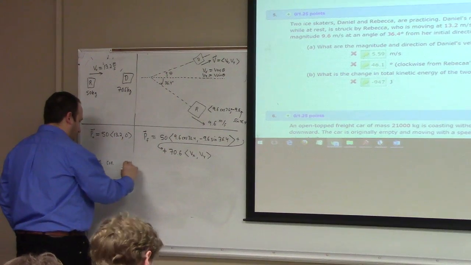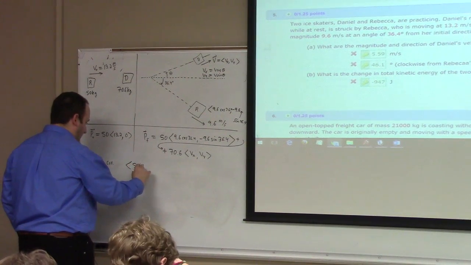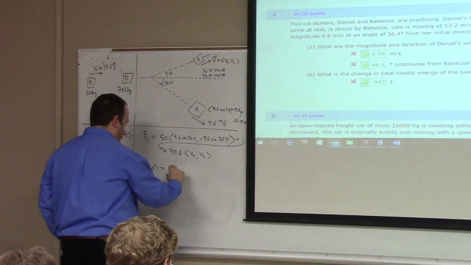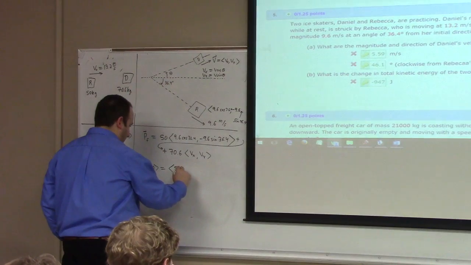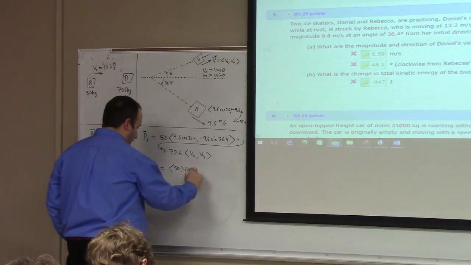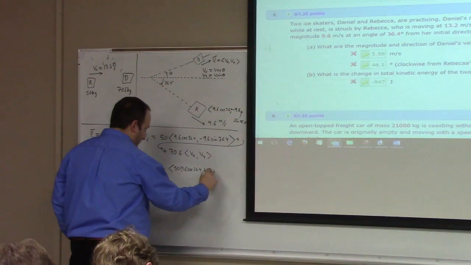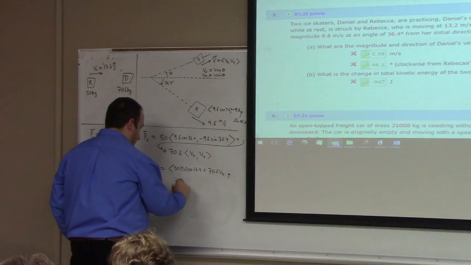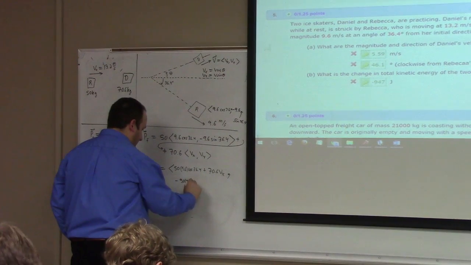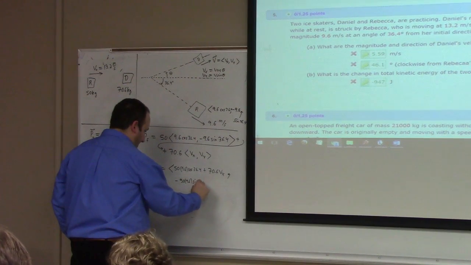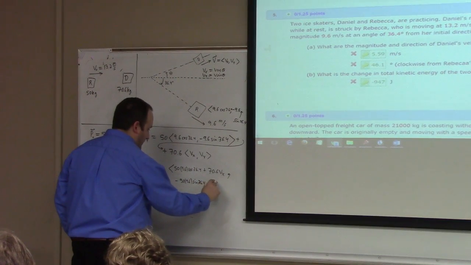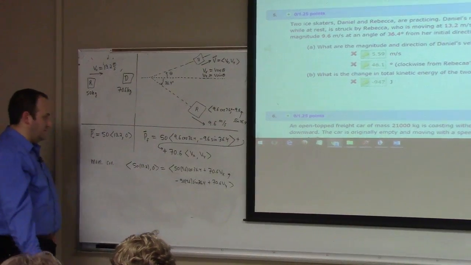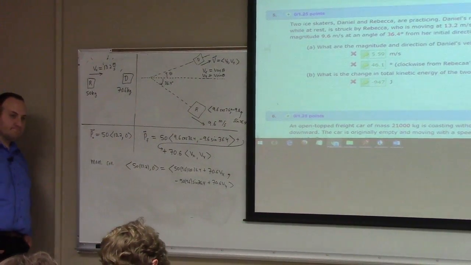We have 50 times 13.2, comma 0, is equal to 50 times 9.6 times the cosine of 36.4 plus 70.6 times Vx, comma, minus 50 times 9.6 times the sine of 36.4 plus 70.6 Vy. Two equations, two unknowns, you can solve them.